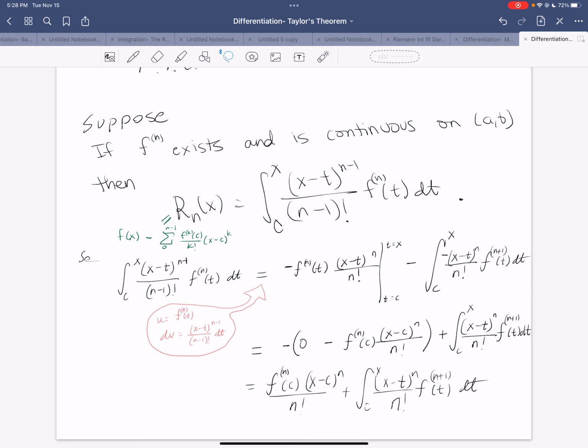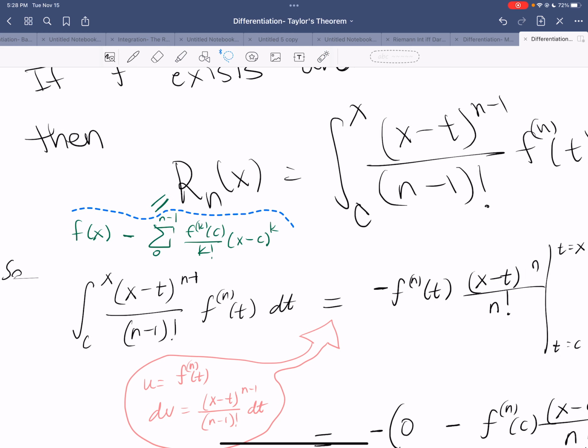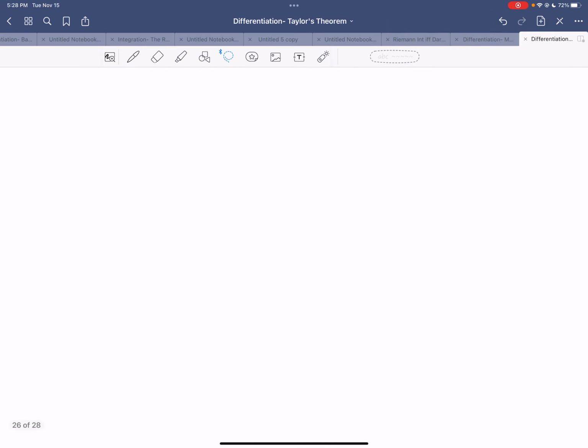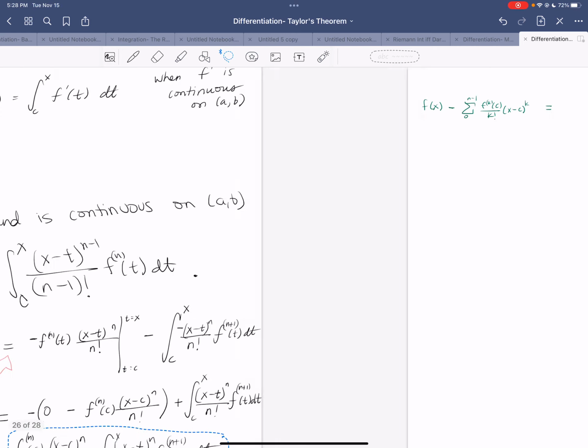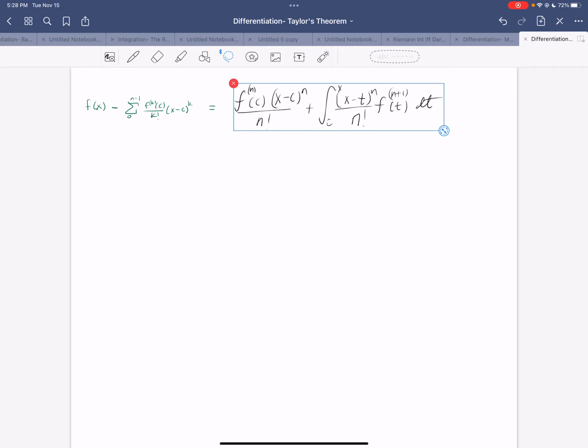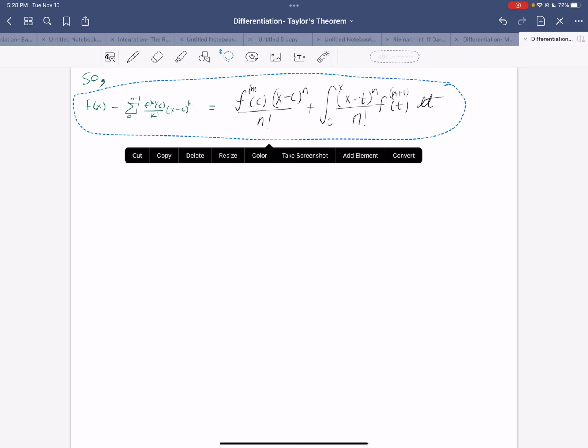So this is equal to this. Okay? So what I'm going to do now is just rearrange, make it all black.